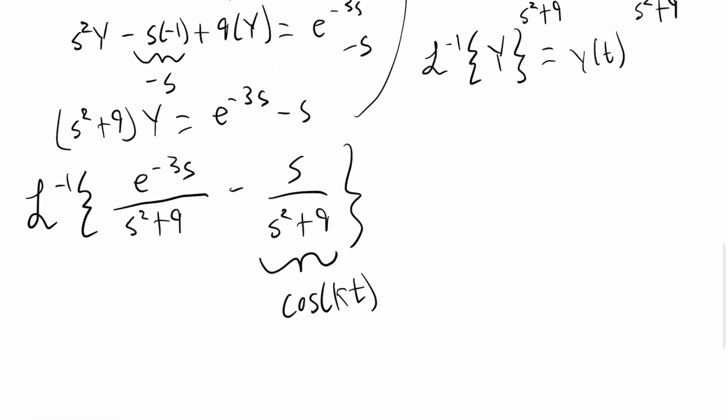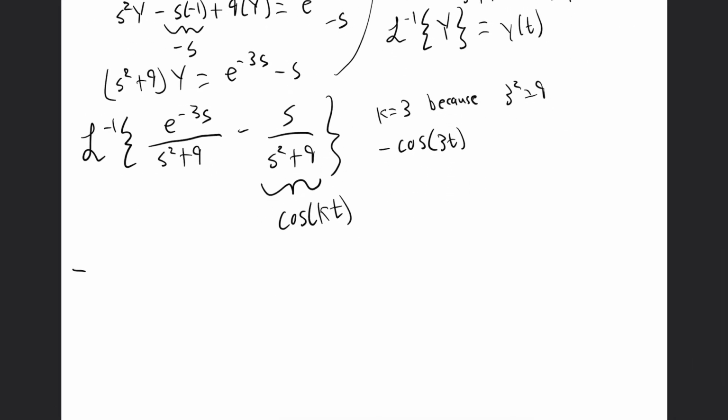And so what is k going to be? k equals 3 because 3 squared equals 9. So that's where we're getting the k from. So minus cosine of 3t is part of our solution. So now we have minus cosine of 3t plus the Laplace inverse of e to the negative 3s. And what I'm going to do is pull the e to the negative 3s out like this and have 1 over s squared plus 9.